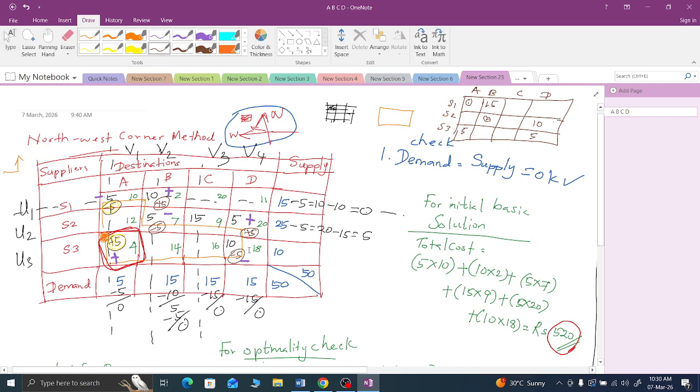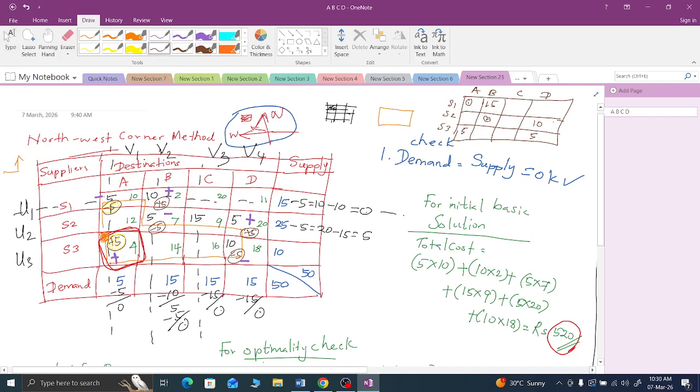No problem. In the row also, if we check here, 10 minus 5 is 5. Already here 5, we are adding 5 here, so 5 plus 5 is 10. So no problem in the row. The same thing you can check in the column also. There will be no problem by doing these changes, right?